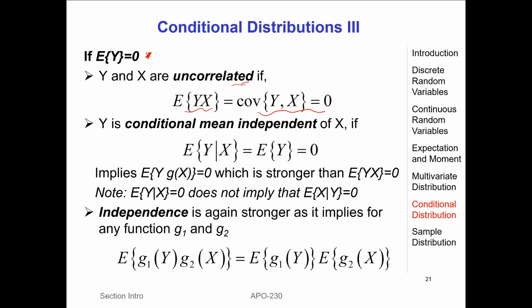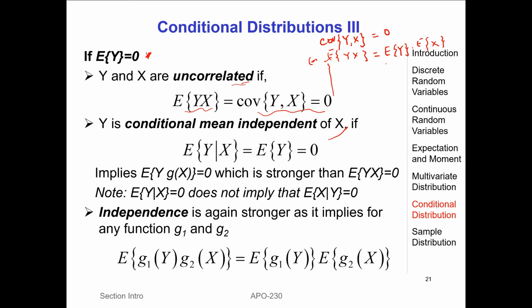Okay, so the point here is that we know that when it's uncorrelated, then the covariance is 0, right? Meaning the expectation of y times x equals the expectation of y times the expectation of x separately.